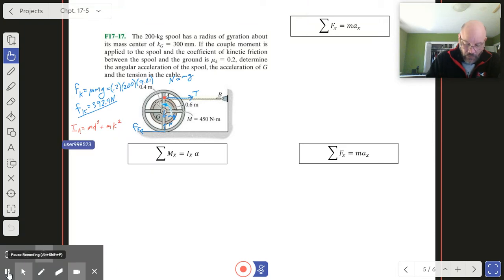And so that's going to be the mass, which is 200, and we need the distance from the pivot point of rotation A to the center of mass, G, which is 0.4. So we've got 0.4 squared plus 200 times 0.3 squared for my radius of gyration. And once we work all that out, I_A turns out to be 50.